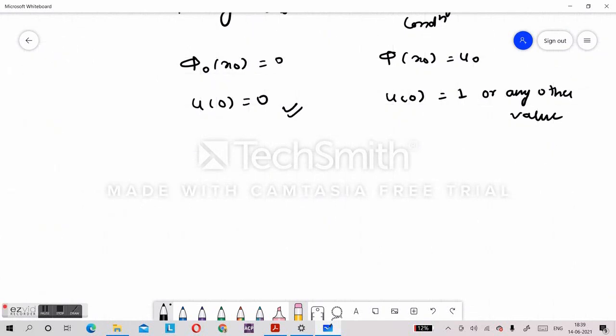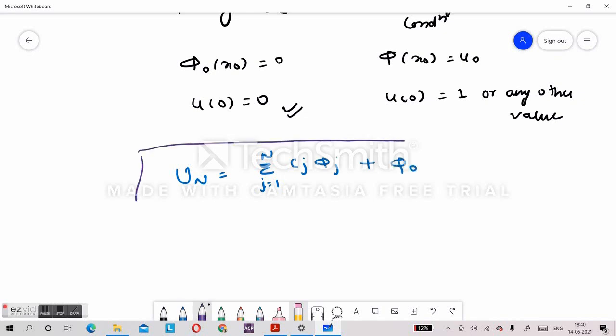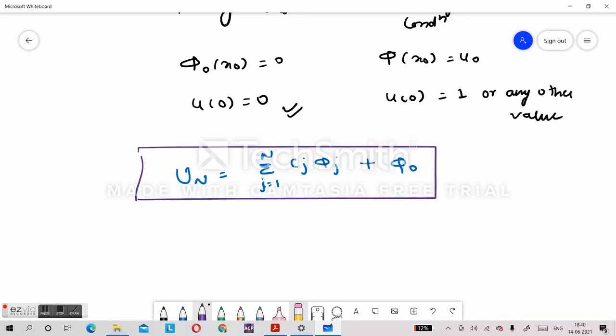We write the equation in this way, the solution of the equation. But to remove non-homogeneity, we add this term also. So basically this is the solution for the equation.